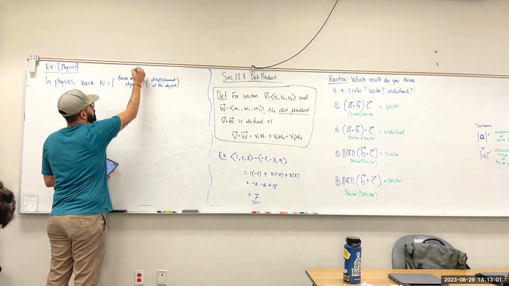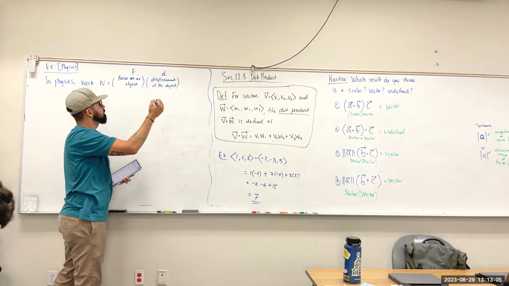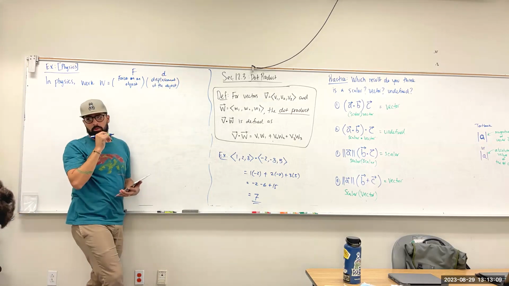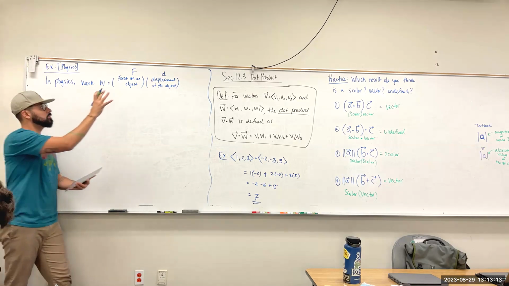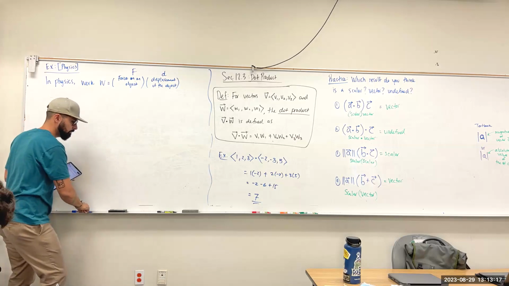Usually we call it F, and then what letter? Is it lowercase d? Or delta? Yeah, delta, okay. I'm going to keep it d for this, because it'll match up with what we're doing. As long as you understand that that's the displacement, how much the object moves.